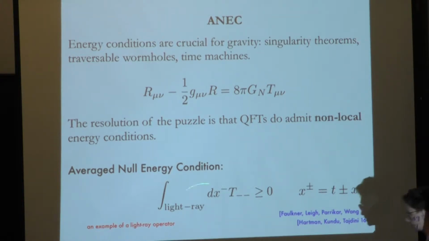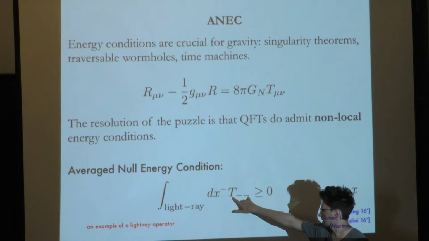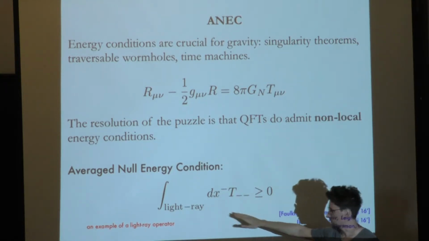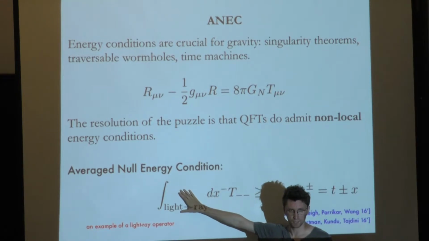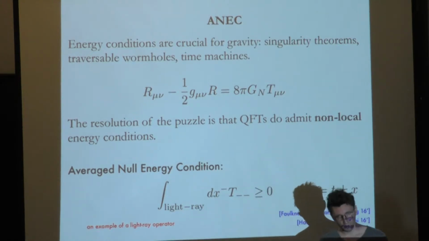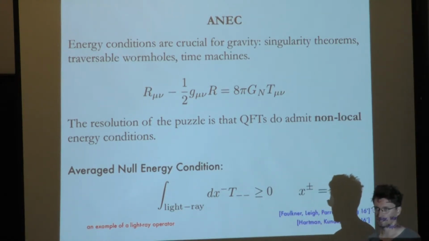So the claim is that you can violate the fact that this density is positive locally, but if you integrate over all times, then it has to be positive. That's the claim. Over all times. Imagine it's like a collider experiment.